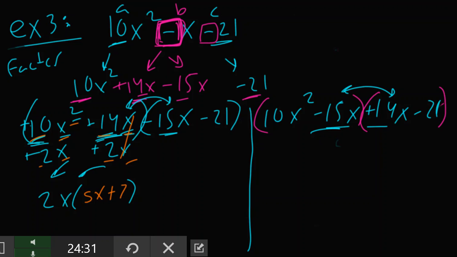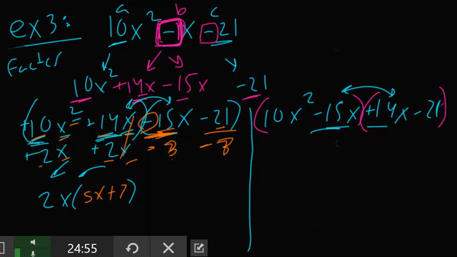Cool. What about right here? My number in front of the x has a negative, so we must divide both of these by a negative. And 15 and 21 can both be divided by 7. Oh, they can't be divided by 7. Silly Mr. Hazen. They can both be divided by 3. You have my apologies. 15 and 21 can both be divided by 3. Alright, so what are we really saying here?